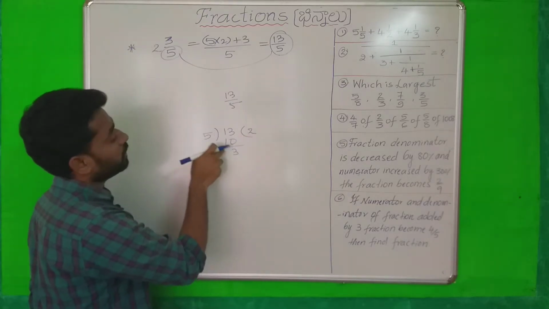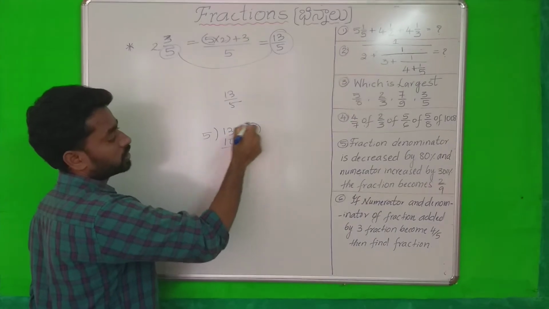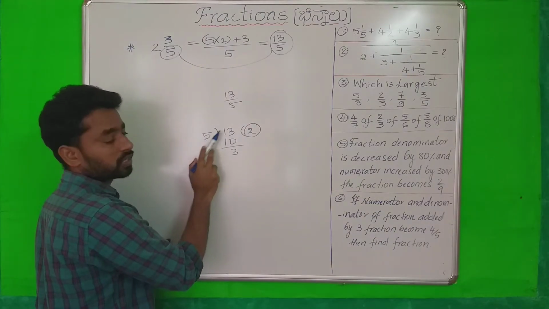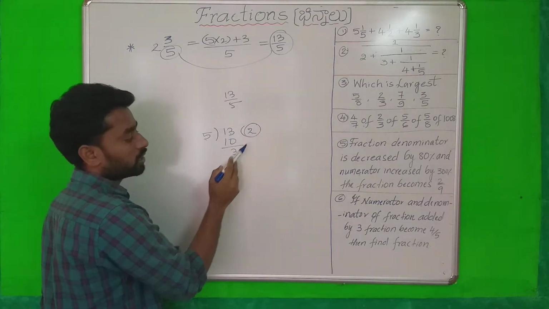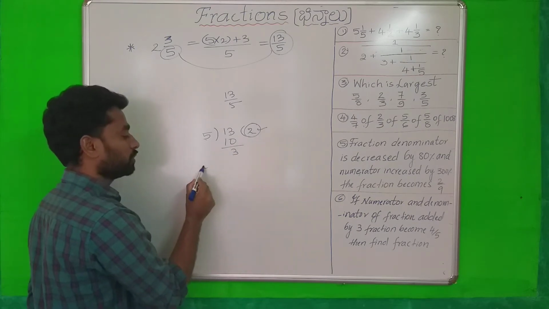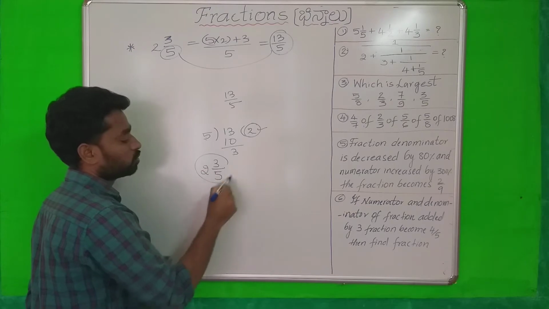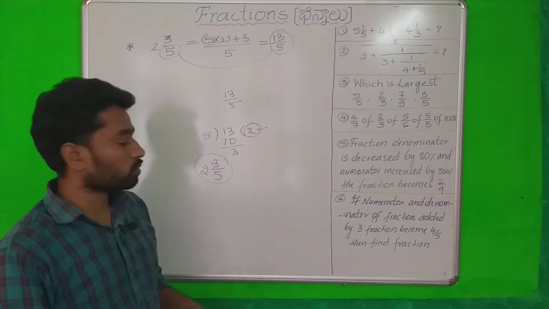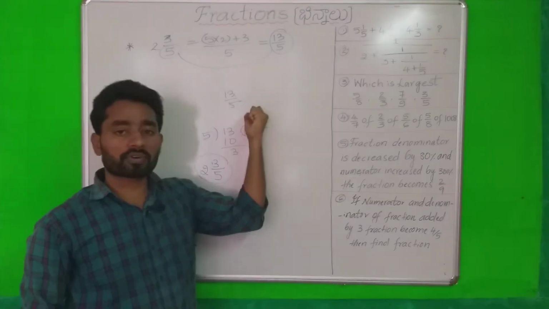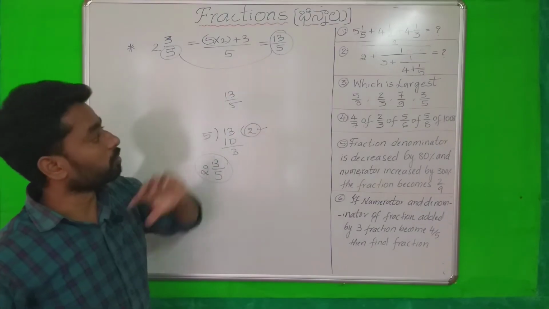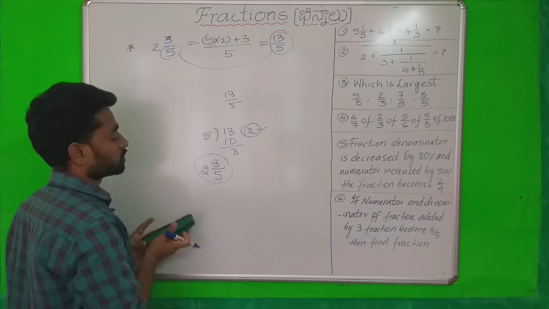The quotient is 2, remainder 3 by divisor 5: 2 3 by 5. Like that we can convert improper fractions into mixed and mixed into improper. This is the conversion process.